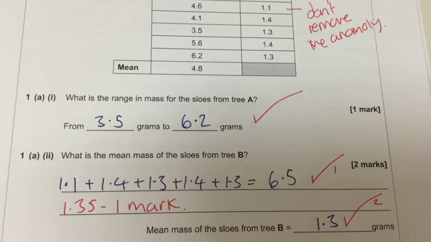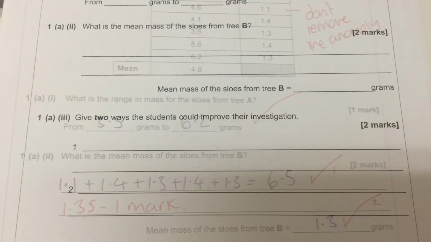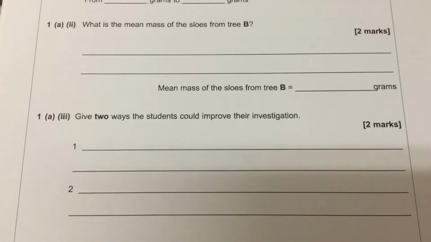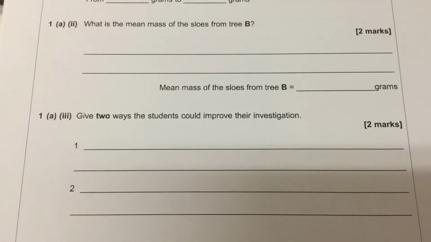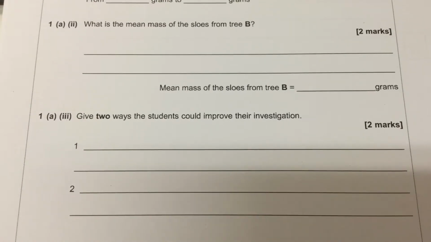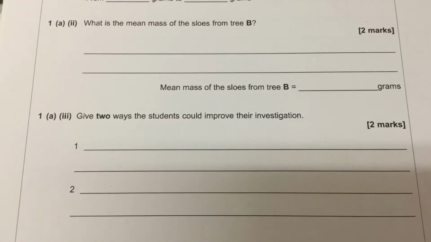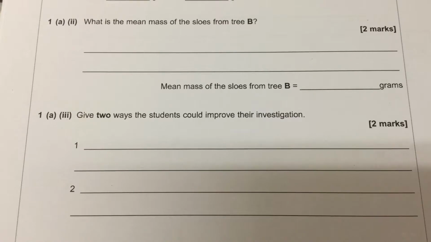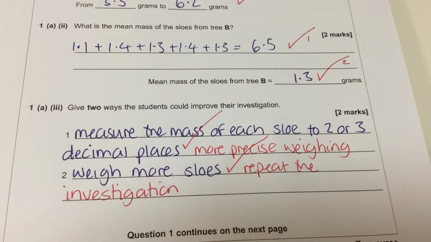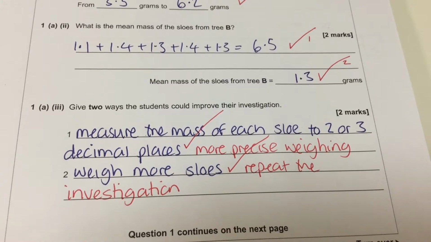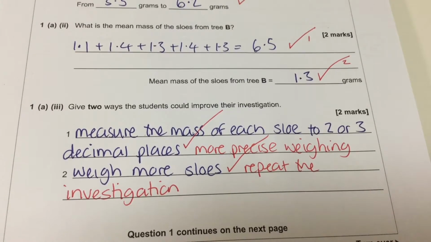Next question says, give 2 ways that the students could improve their investigation. Well, it only takes a bit of common sense to see that if you've only weighed 5 sloes from each tree, it's not a great deal. And so the most obvious answer is to weigh more sloes, to use a bigger sample size. And for the second mark, what we needed to say was to use a digital scale that measured to more decimal places.